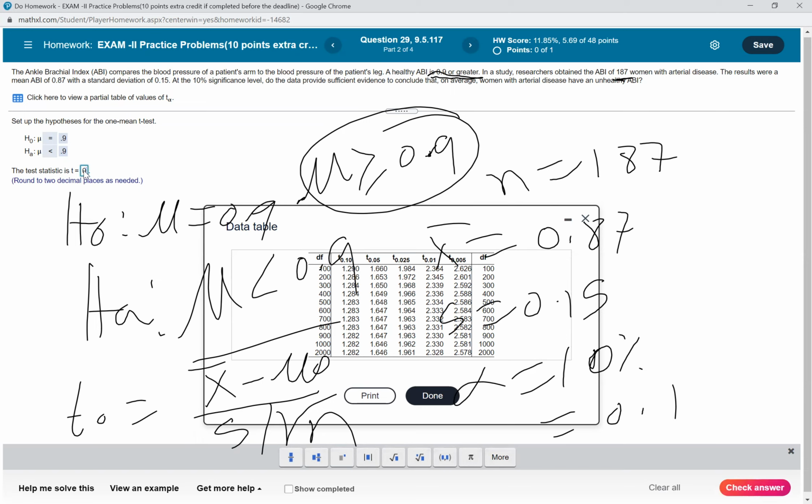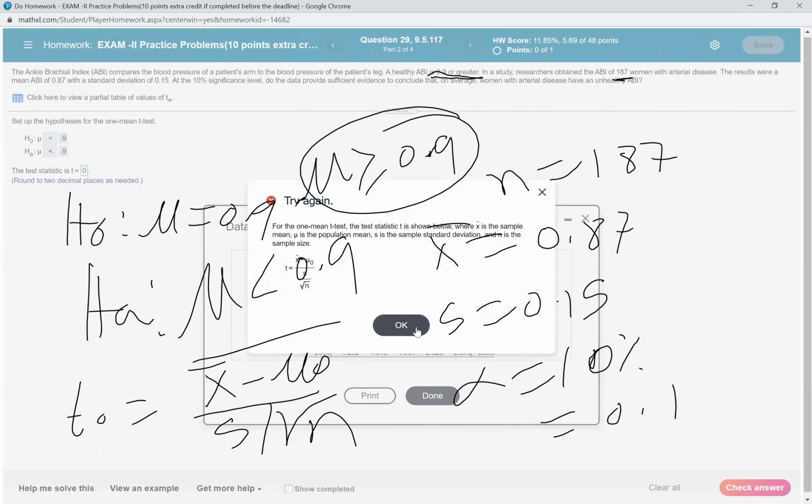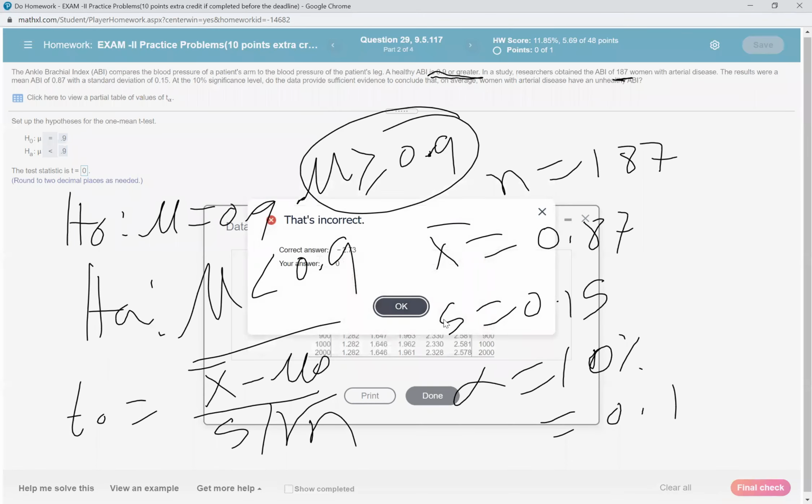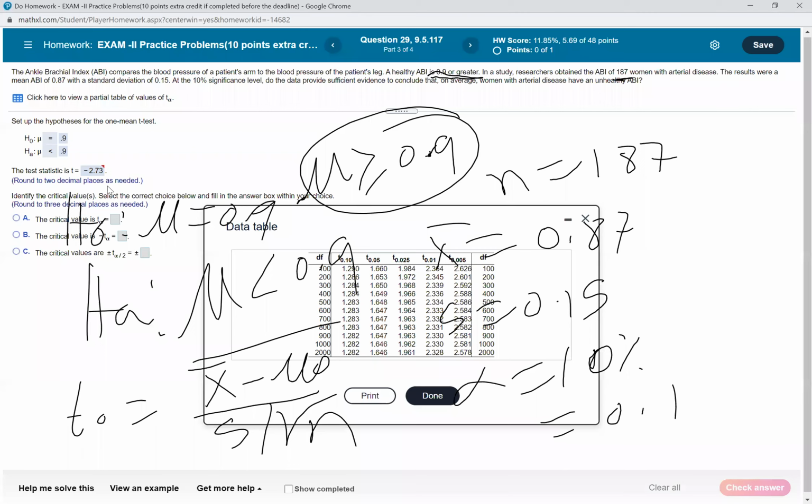Okay, so let me put 0, and 0 is not correct, but after the final check we'll get the correct answer. So this is negative 2.73. Okay, so the critical value will be, for 200 and 0.1, negative 1.286.